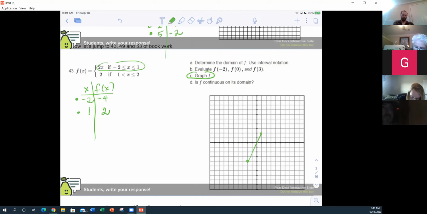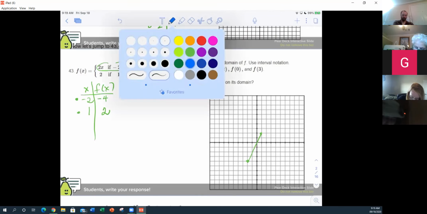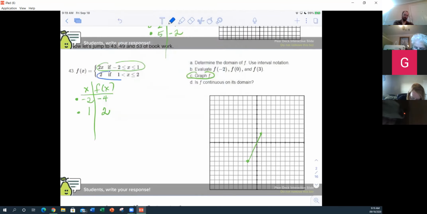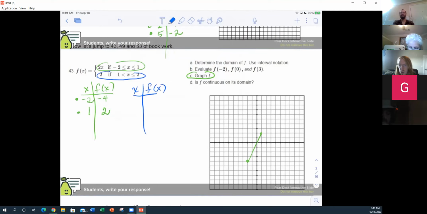Okay, so now I'm going to do the second piece. Hunter, will you help me do this second piece, please? What numbers am I going to put for the second piece? 1 and 2. And what kind of dot is going to be on the 1?